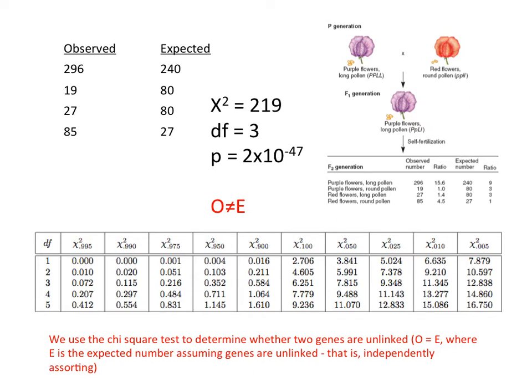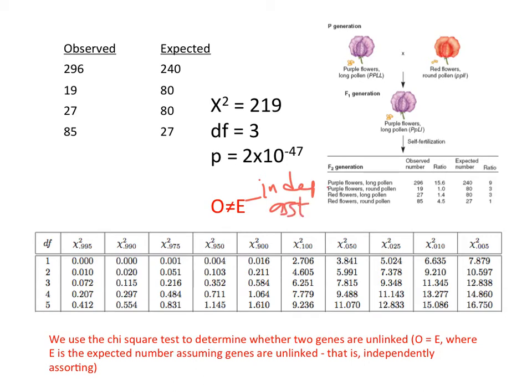In last class, we used the chi-square test and the analysis of p-values to ask whether or not in this example the genes were linked or not. We found that the p-value in this example was infinitesimally small, something times 10 to the minus 47. The observed and the expected values are significantly different. So the expectation was independent assortment.